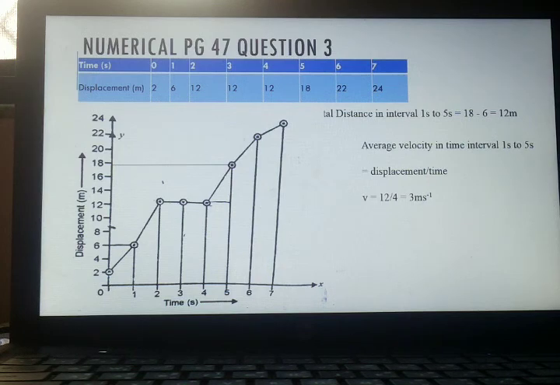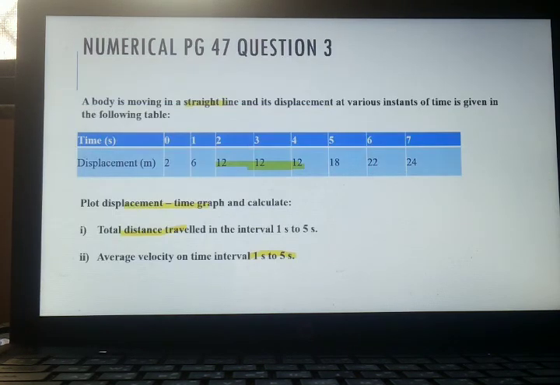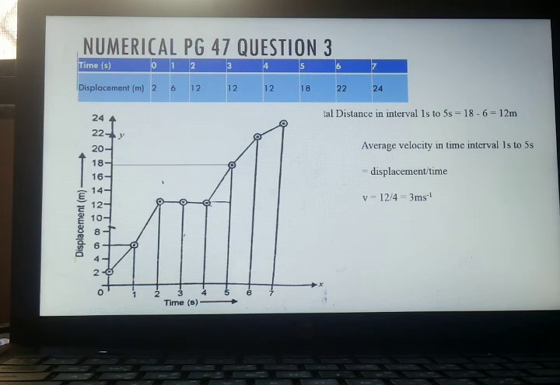First question was what? We have to find the total distance travelled from 1 second to 5 second. So what we will be doing, we will be subtracting.